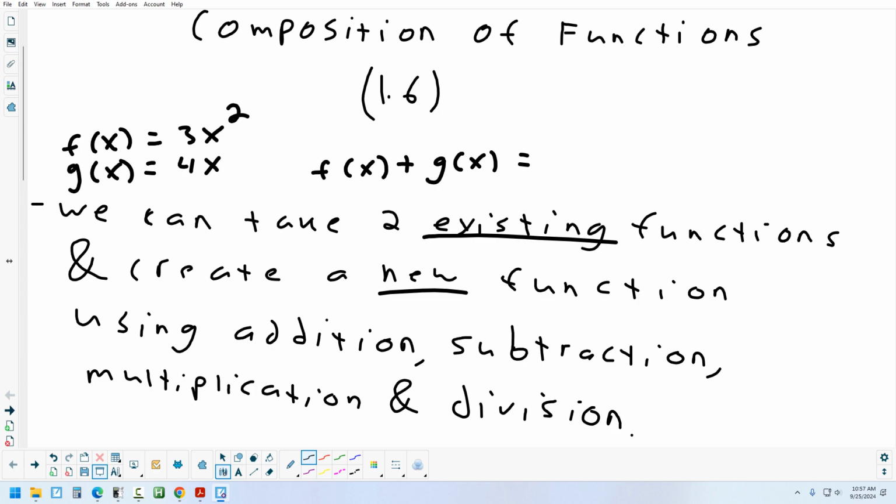When you add them together now, you just have 3x squared plus 4x. That's the final answer. Okay. So that's a different problem than the first one, where you cannot combine anything because they're not like terms. Okay. But that's what we're going to try to do.